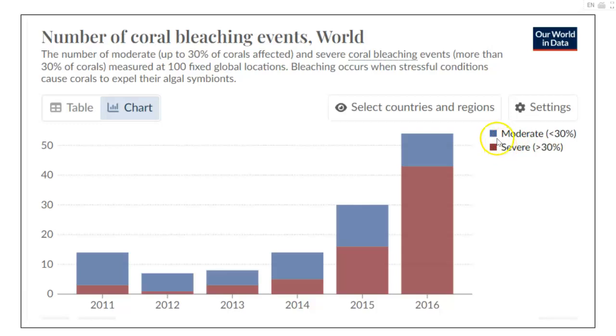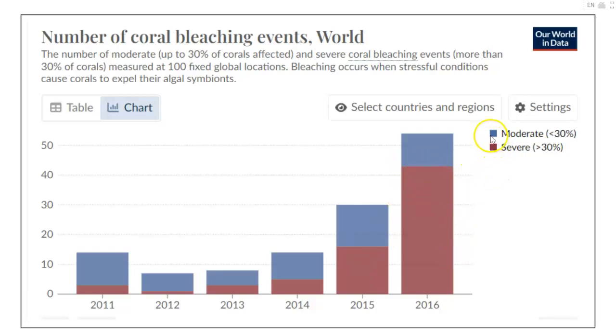Moderate coral bleaching, so under 30%, would be in the blue, and then severe, so over 30% of a reef being bleached, would be in the red. So let's just take a look at the red here. Maybe under 5 events in 2011, fewer in 2012, and since then it has been increasing quite a bit.